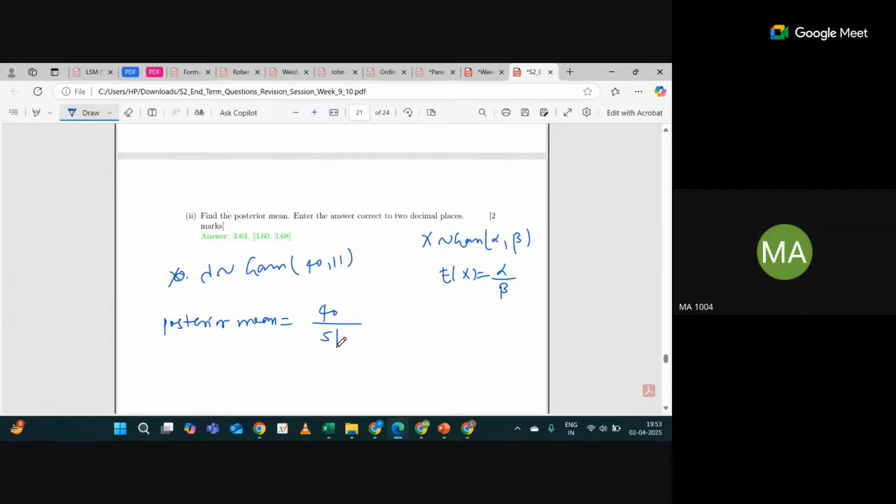Sorry, 40 divided by 11, beta was in my mind. So 40 divided by 11 is about 3.6. Is this clear? Yes.